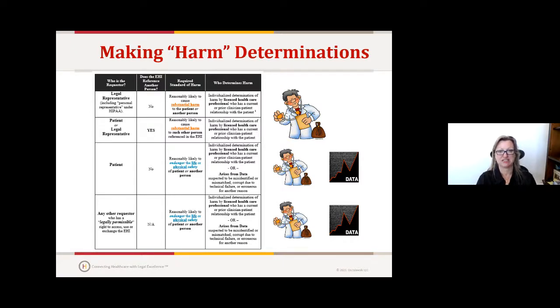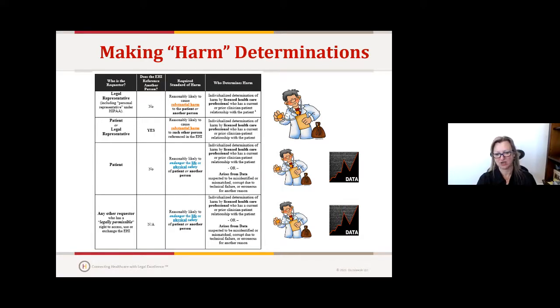Is it the patient himself or herself, or is it another requester who has a legally permissible right to access, use, and exchange the information? So you just crosswalk across, and you can see for substantial harm, it has to be a clinician or a professional with a current or prior clinical patient-clinician relationship with the patient who has to make that determination that there's substantial harm.